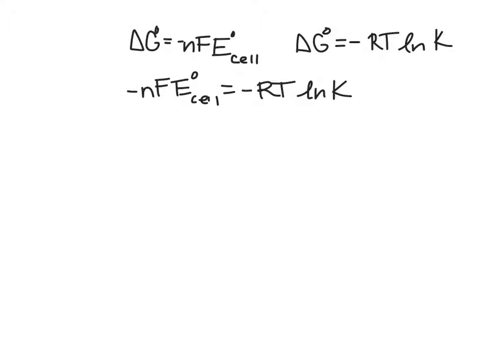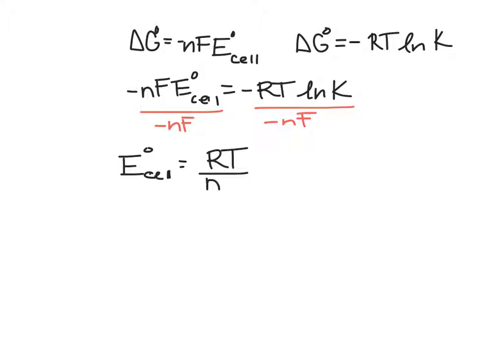Now we can do a little bit of dividing and get a new expression for our cell potential. We'll see that our negatives cancel. That always makes me happy. And that this is going to be equal to the gas constant times the temperature divided by the moles of electrons transferred times the Faraday constant times the natural log of the equilibrium constant.